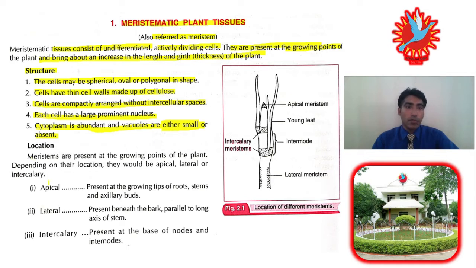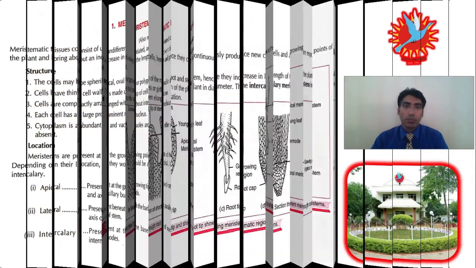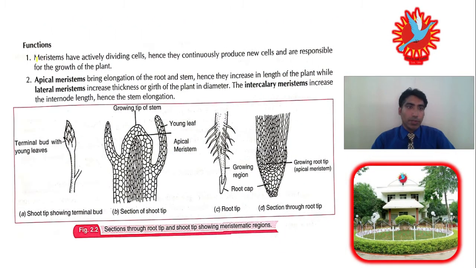Location. Based on the location, the meristematic plant tissue can be categorized as apical meristematic tissue, lateral meristematic tissue as well as intercalary meristematic tissue. We will discuss each of these tissues in detail. So first, function.